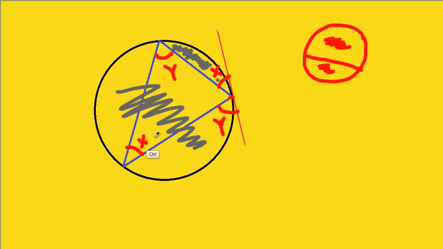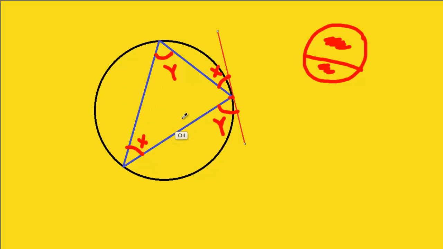Okay? Similarly, if you consider the other chord which touches the tangent, this blue one here, it makes an angle with the tangent here, y. I'm always looking at the angle that I can draw smoothly without any interruption by the other line.